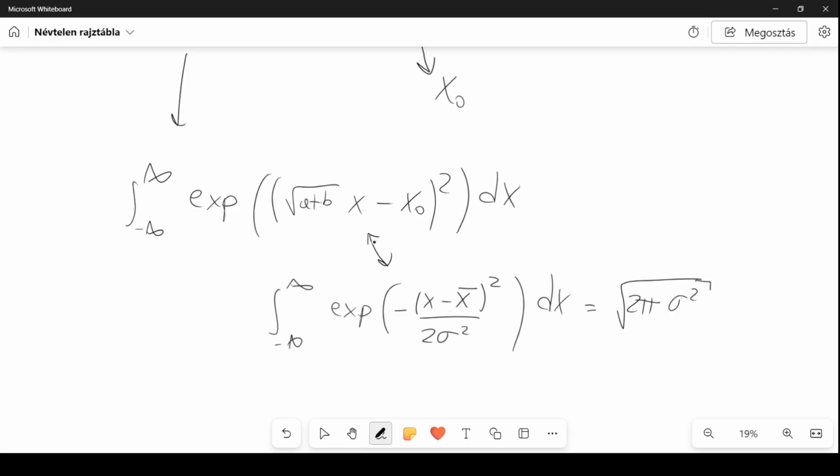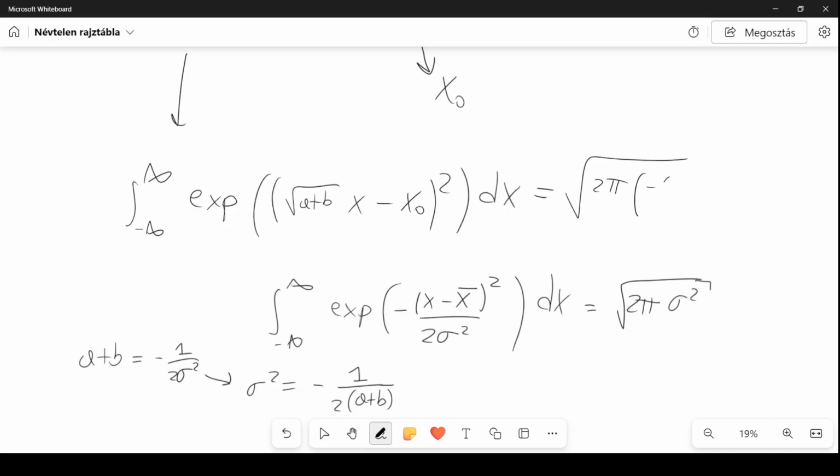And these two integrals have the same form. It's quite easy to see that. So if you extract this square root of A plus B from this square, you have A plus B. And of course, that A plus B represents this minus 1 over 2 sigma squared. So it's as if we can set sigma squared equal to minus 1 divided by 2 times (A plus B). So the final result here would be the square root of 2 pi, and then we multiply by minus 1 over 2(A plus B).